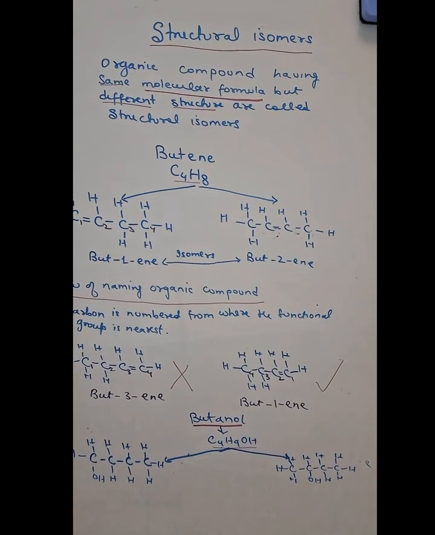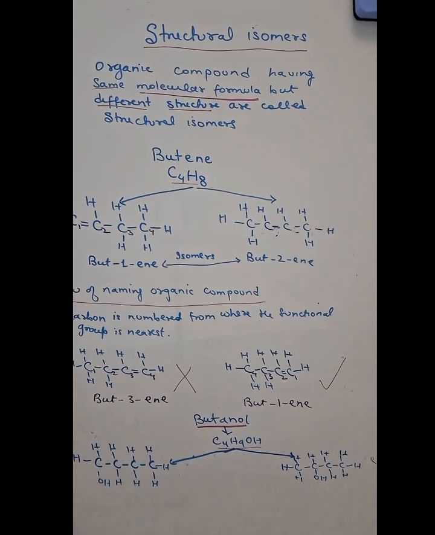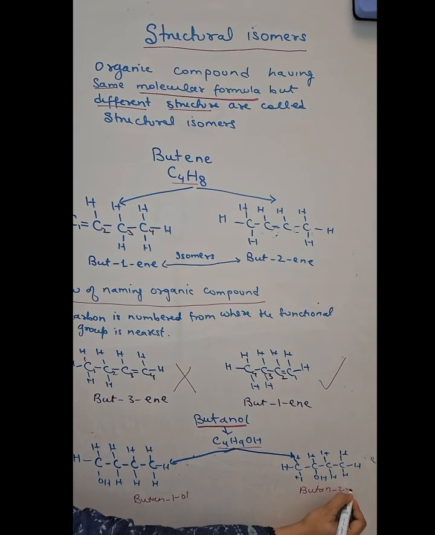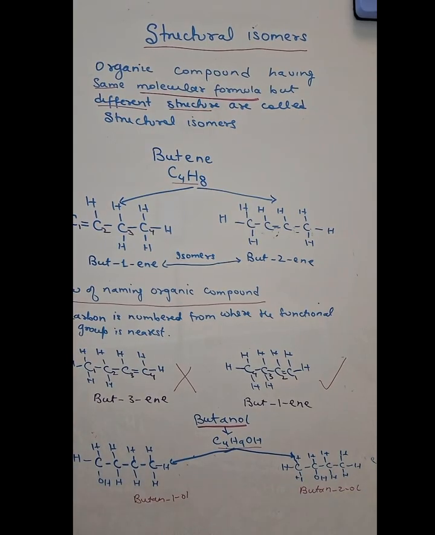The name of this compound will be butan-1-ol, and this will be butan-2-ol. Butan-3-ol and butan-4-ol are not possible, because again the carbon numbering will start from the side from where the functional group is nearest.